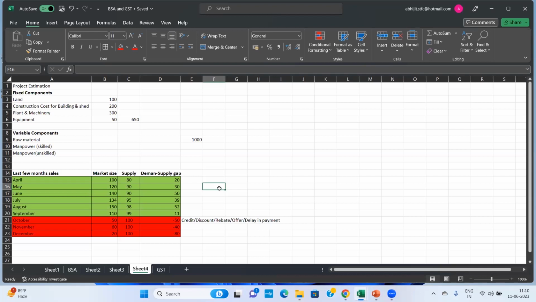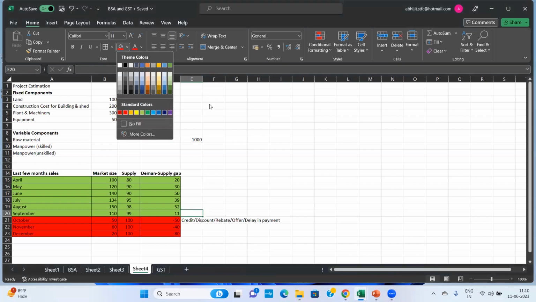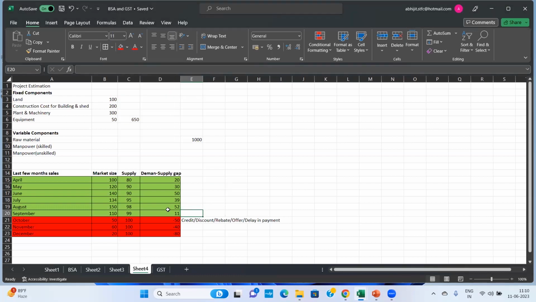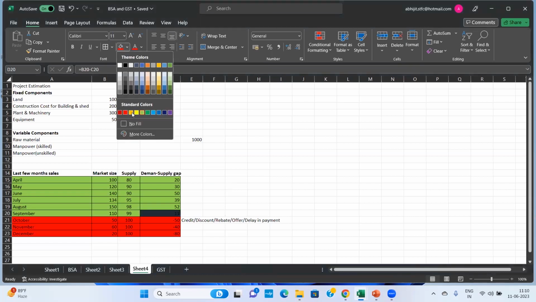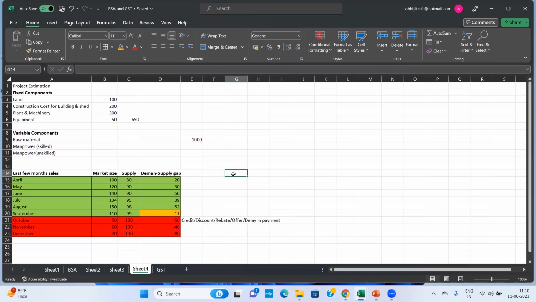And if you carefully look, this is my orange zone, where I should be a bit cautious. Why should I be cautious?